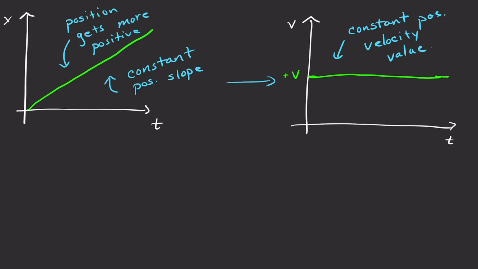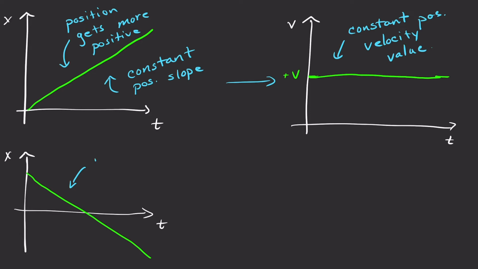Let's do another one where maybe our position is going down now. So maybe we start here and go down. So here again, the slope is constant everywhere. So whatever the slope is, it doesn't seem to be changing, but now it's negative.